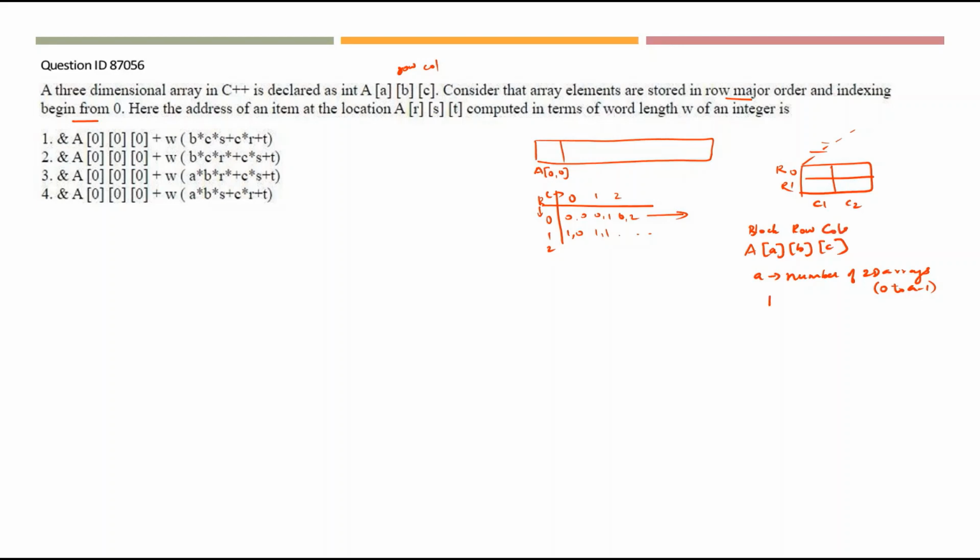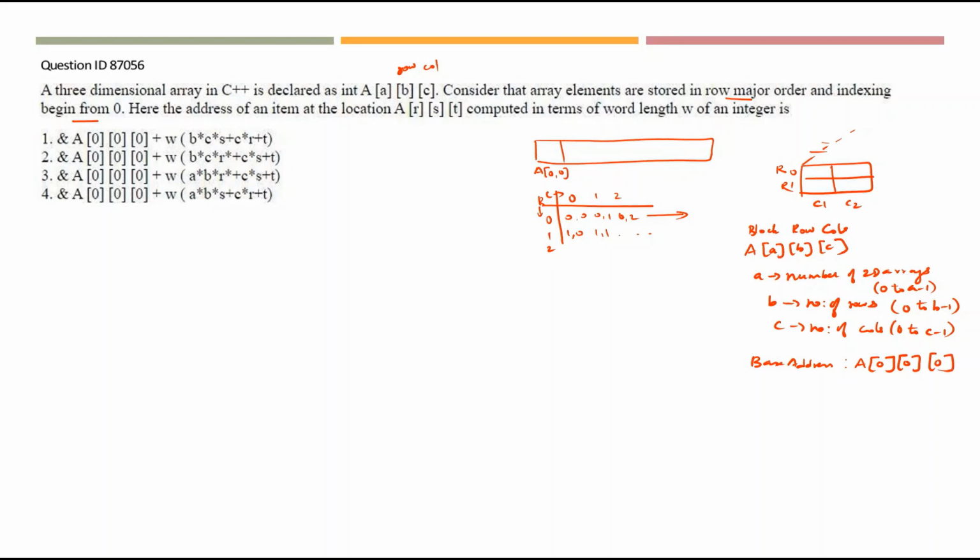B will be the number of rows, ranging from 0 to B minus 1, and C will be the number of columns, 0 to C minus 1. The base address, that is the first address, will always be with index 0. So 0 will be there in every index. It will be block 0, row 0 and column 0.